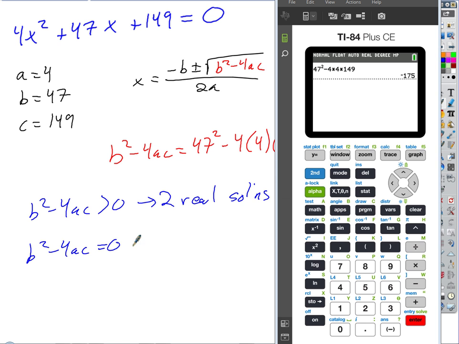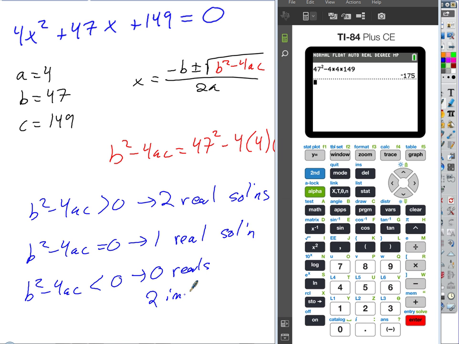If the discriminant equals 0, then we get 1 real solution. And if the discriminant is less than 0, if it's negative, we get 0 real solutions. Instead, we get two complex solutions with imaginary parts. They've got i's in them.